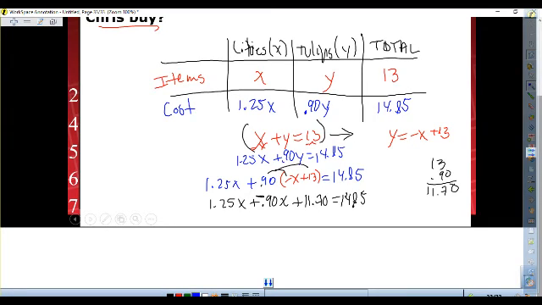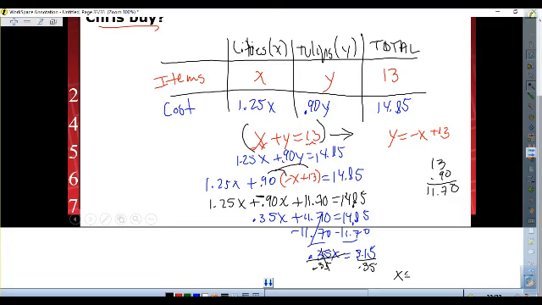This is 0.35x plus 11.70 equals 14.85. Subtract 11.70. 0.35x equals, is it 3.15? Yeah. Divide by 0.35, x equals 9. Yes?